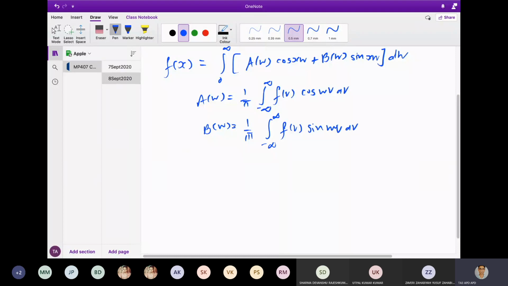So that's the Fourier integral, which includes both the cosine and sine integrals.